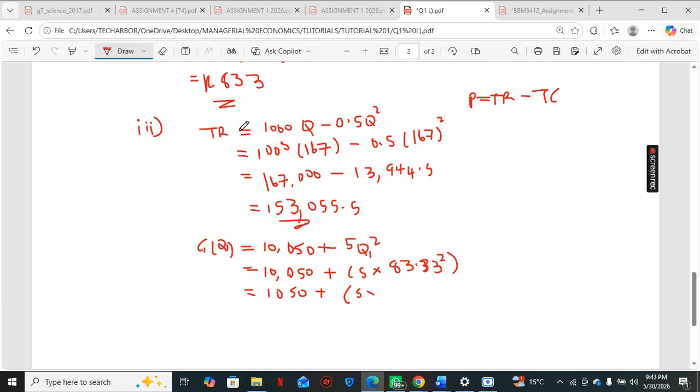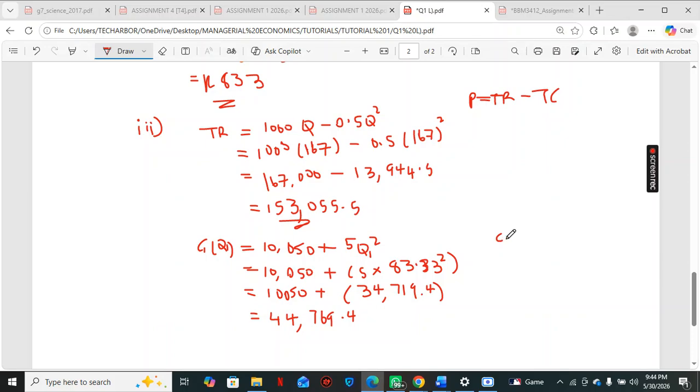That gives us 34,719.4. So 34,719.4 plus 10,050 gives us 44,769.4.